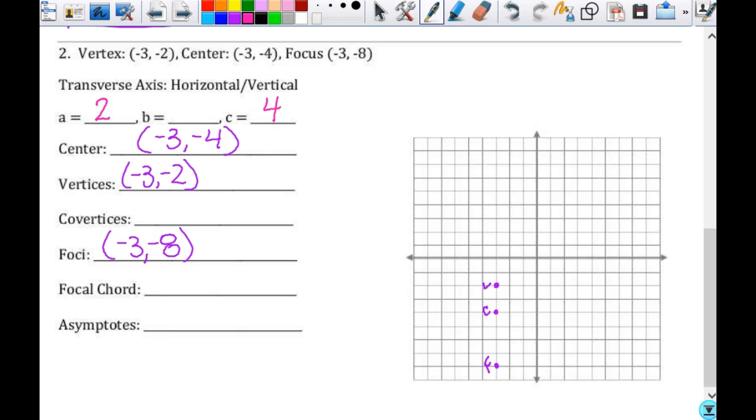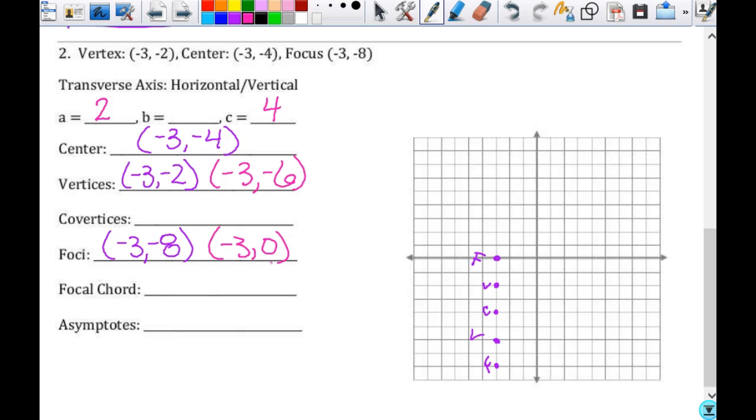So I can figure out my other vertex. My other vertex is going to be at -3, what? -6. Right, there's my other vertex right here. And I can figure out my other focal point, right? It's right there. And that's going to be at -3, 0.